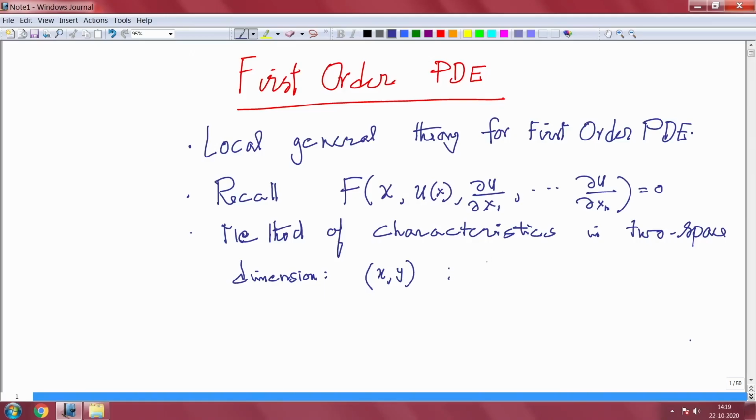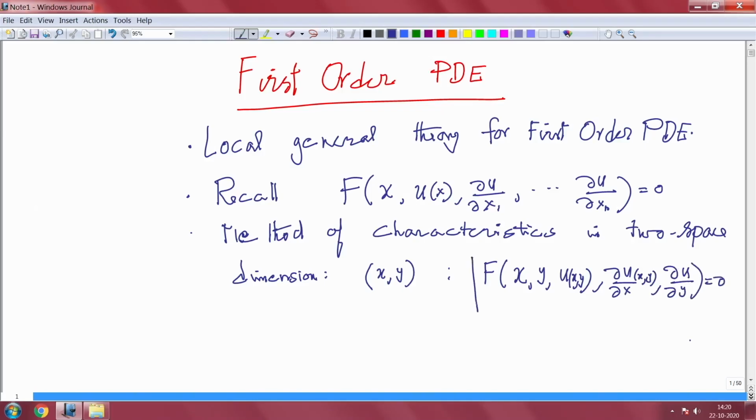So, your equation is F of x, y, u of x y, du by dx at x y, and du by dy equal to 0.